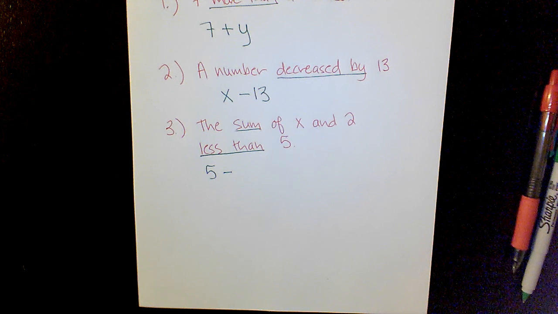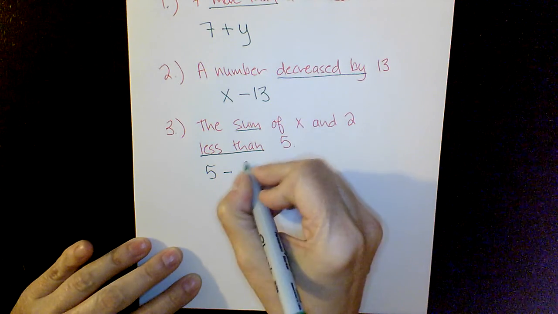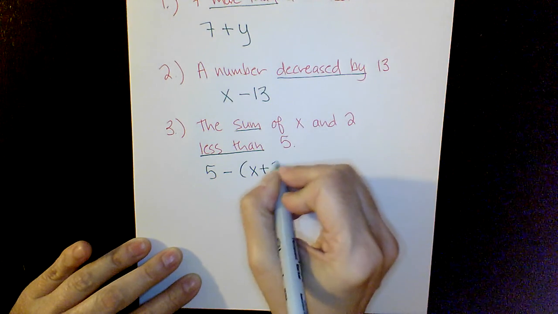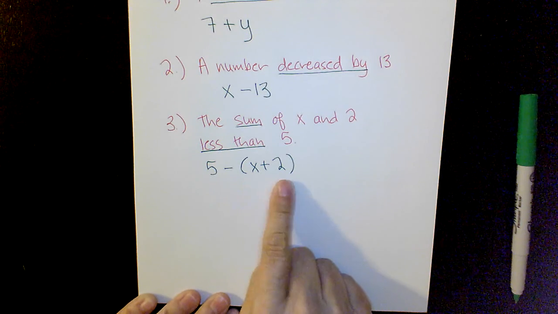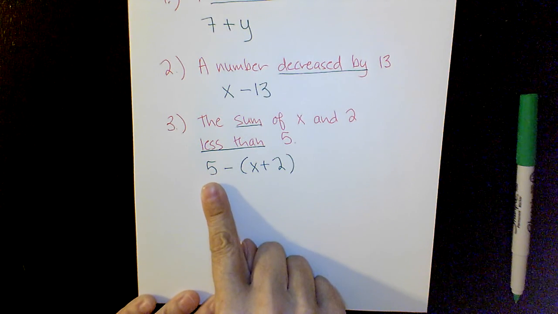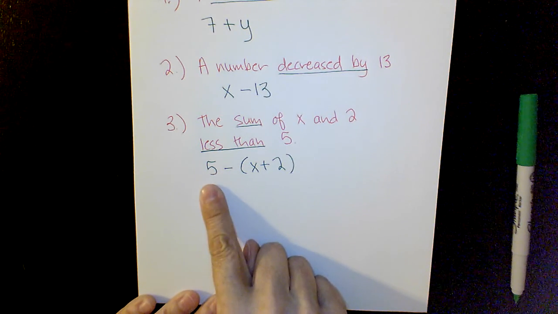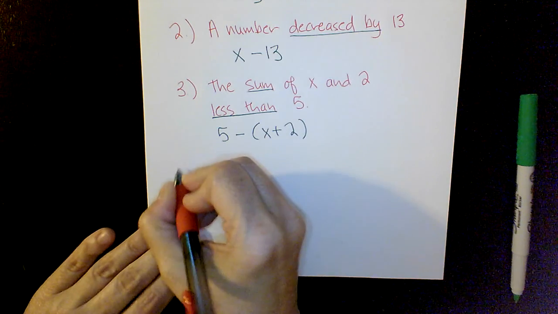Well, the sum of X and 2 we're going to be adding, right? Sum means to add. So we're going to put that second, and I'm going to put that in parentheses. So the sum of X and 2 less than 5, or subtracted from 5.